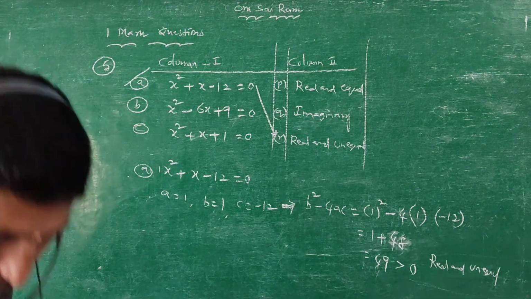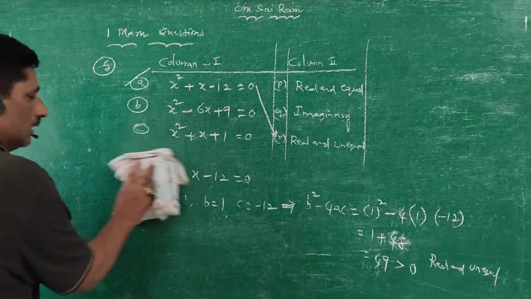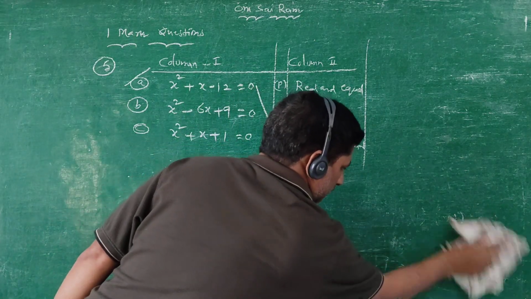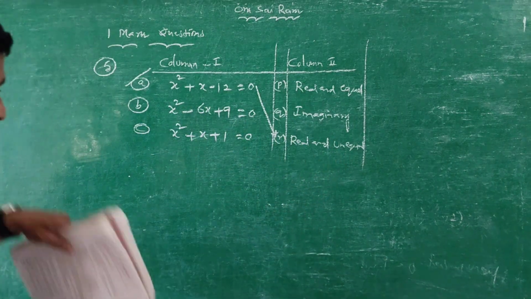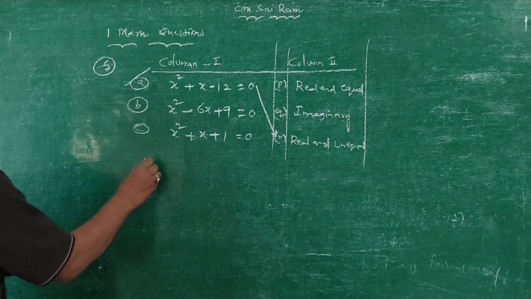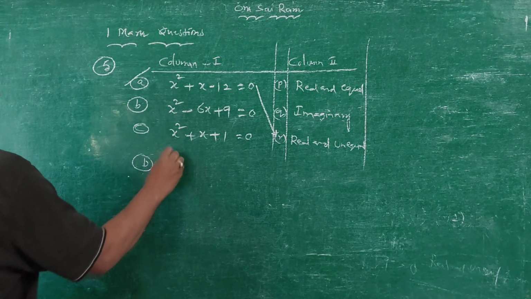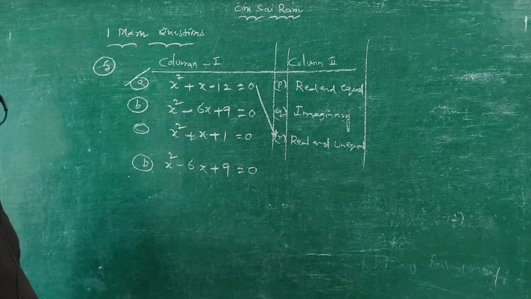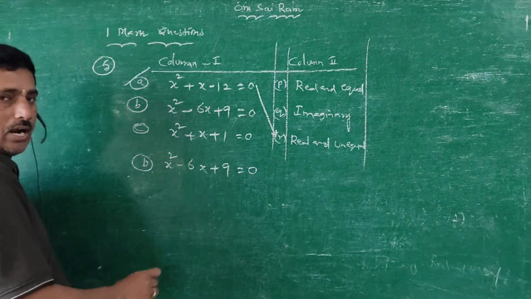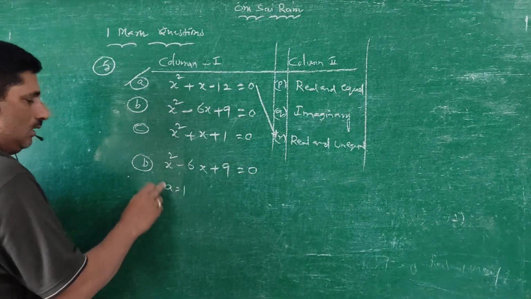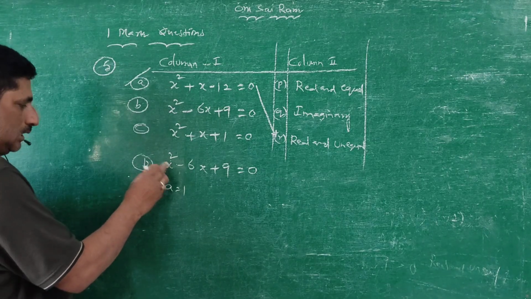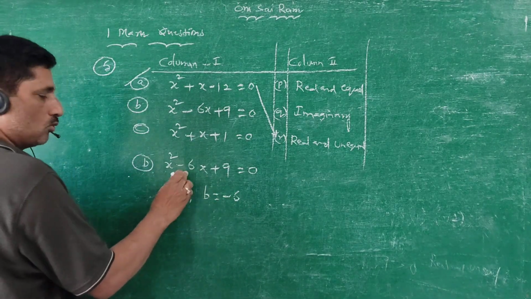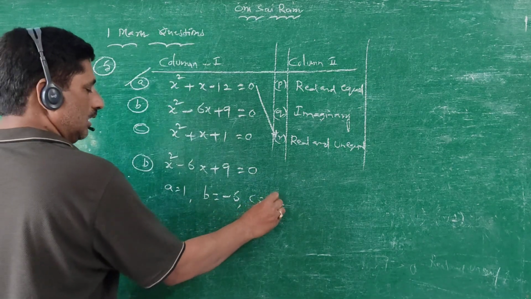Then the second one, question B, is x square minus 6x plus 9 equals 0. Now I have to compare this equation with the standard form. A is equal to 1, the x square coefficient, B is equal to minus 6, the x coefficient, and C is equal to 9.